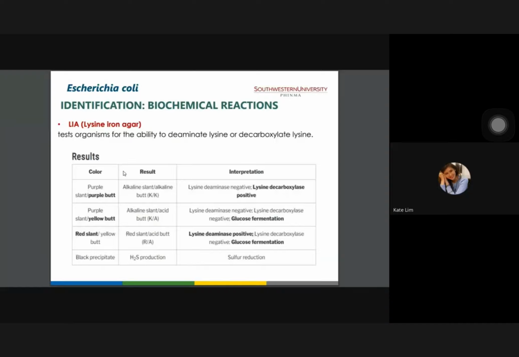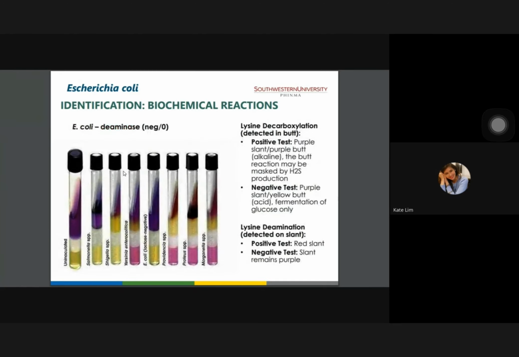So you need to differentiate this from your TSI. Okay, so what we have here is an example. For your E. coli, it is deaminase negative. So the secret here, class, is that E. coli is usually deaminase negative, and it can be decarboxylase negative or decarboxylase positive.